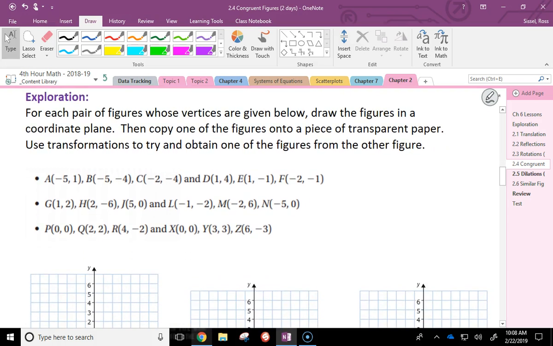Alright, here's what I need you guys to do. In your math notebooks where we keep everything. Remember when we glued a ton of things? We are going to go to this page today. All right.